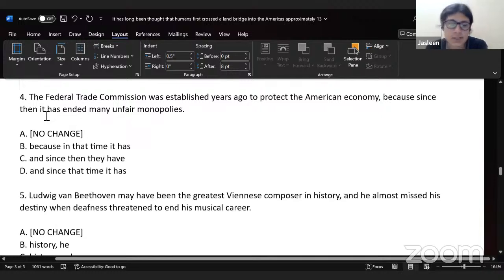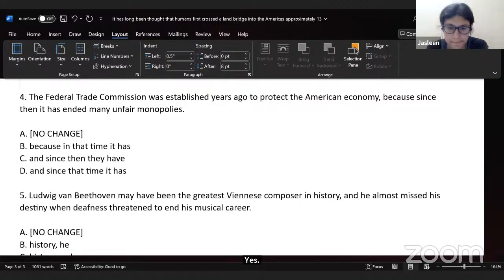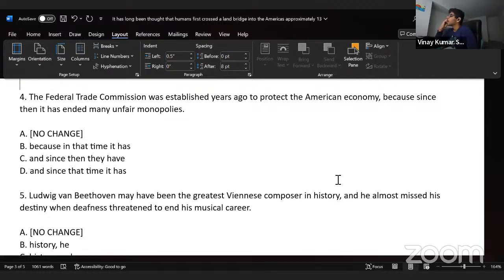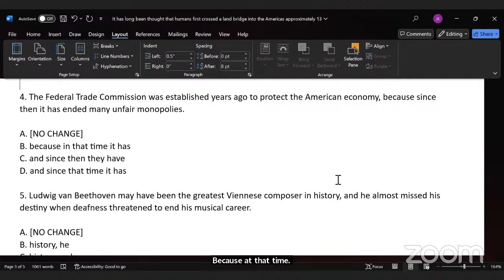What could be the answer for this one? B. Because at that time, C. Yes, C. That's it then. Perfect.